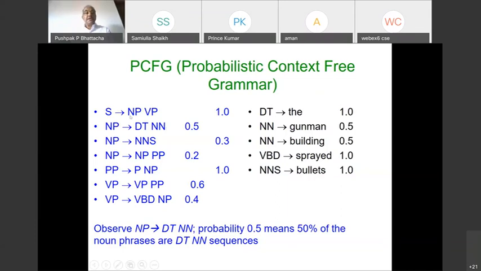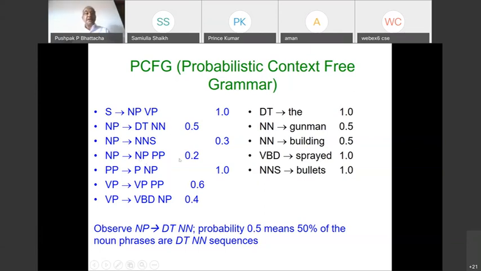Now, S goes to NP VP is the starting symbol. NP goes to DT NN, NP goes to NNS, NP goes to NP PP. These are three ways in which a noun phrase is constructed. It can be composed of a determiner and noun, or a plural noun NNS, or a noun phrase and a preposition phrase. The last rule, NP goes to NP PP, is a recursive rule with left recursion.